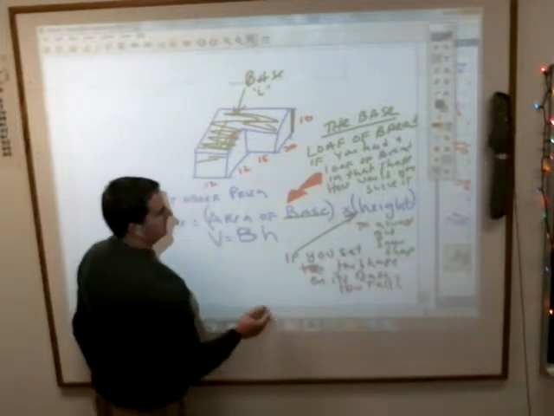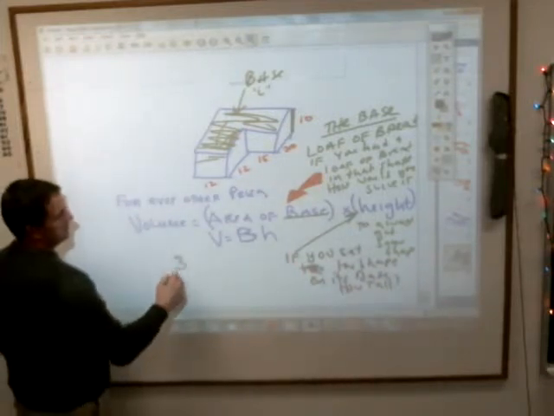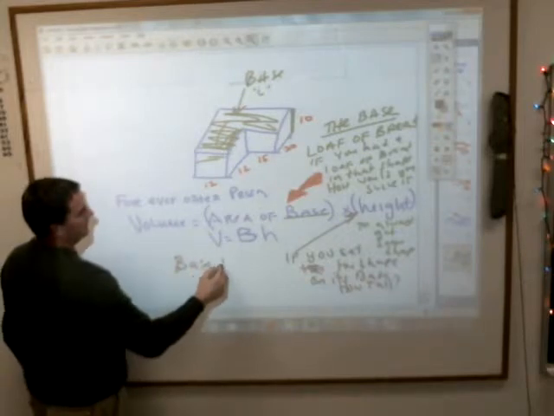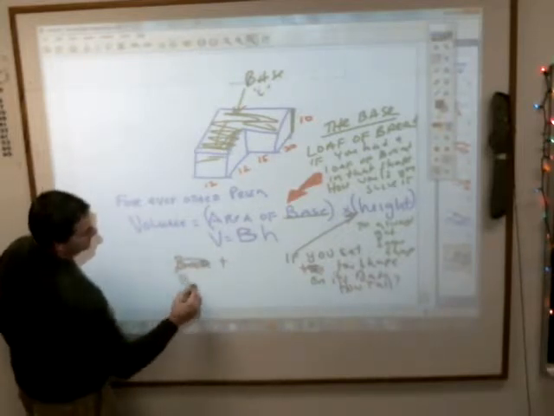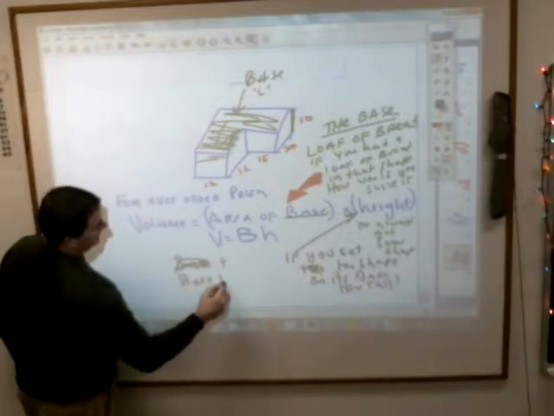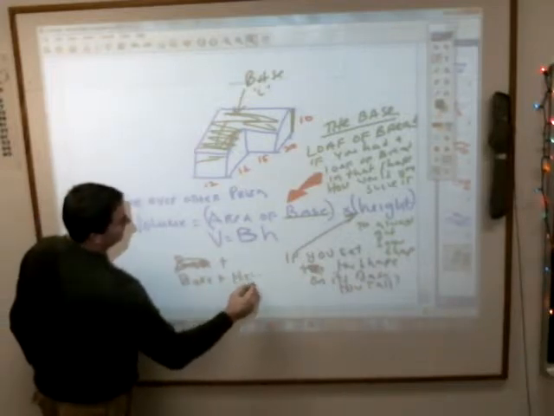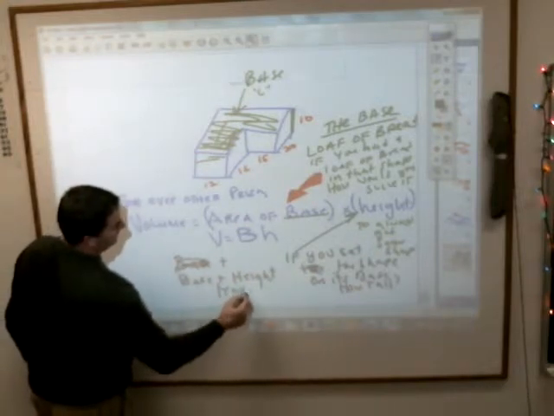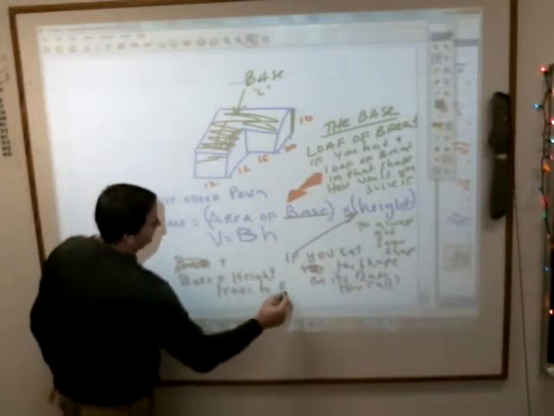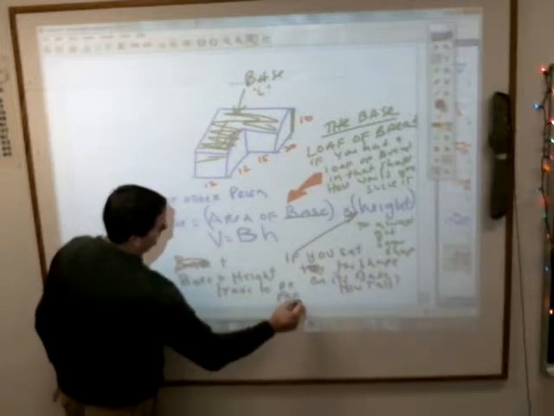Or another way to say it is the base and the height have to be perpendicular.